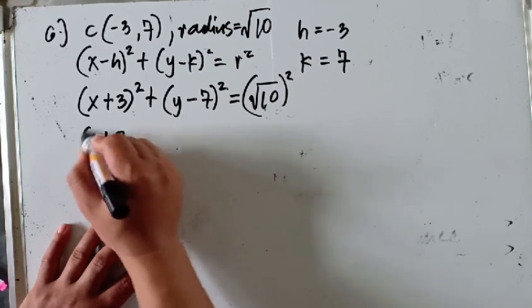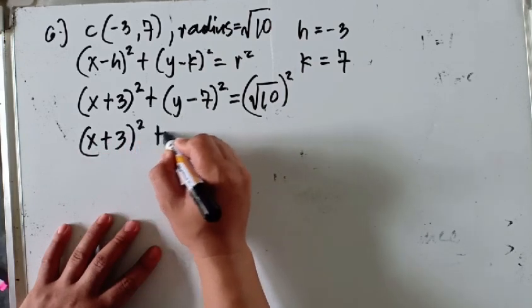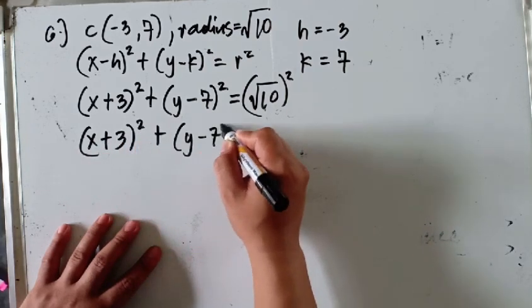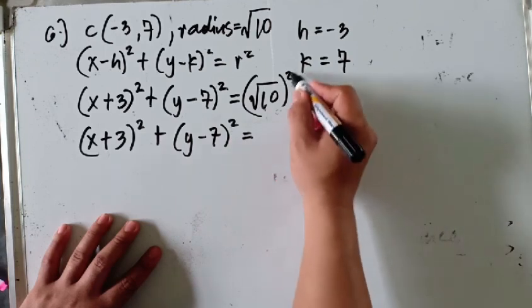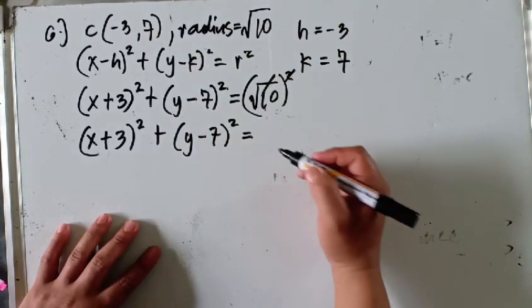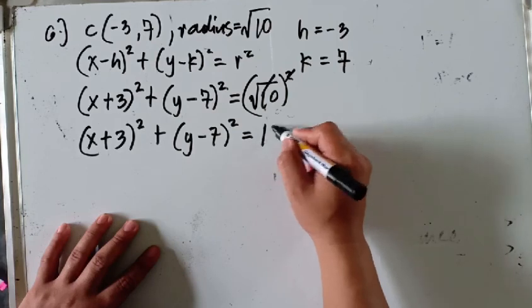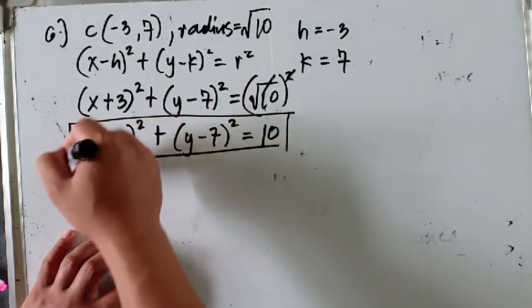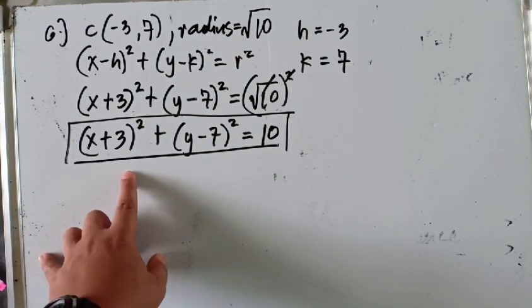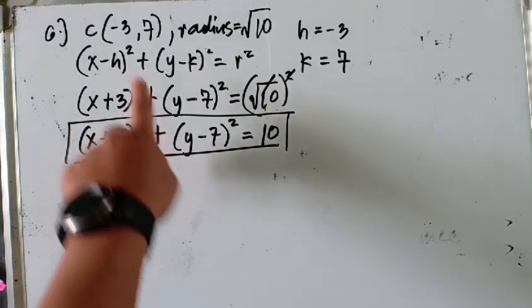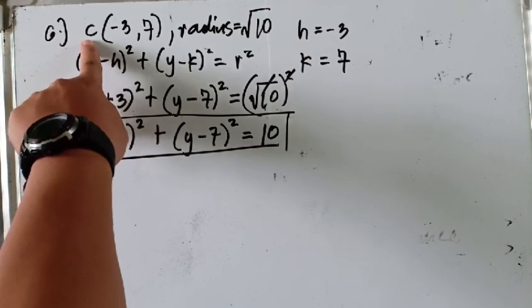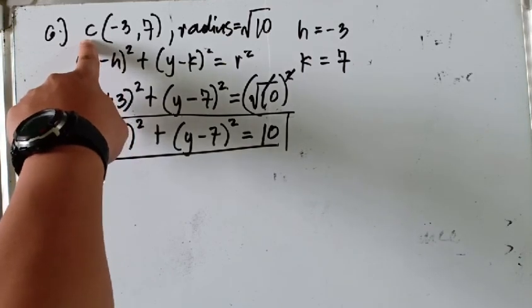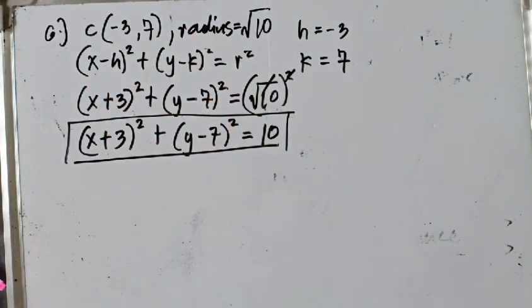Just rewrite or simplify your answer. X plus 3 squared plus y minus 7 squared is equal to, just cancel the exponent and the radical sign, and this is 10. Again, this is now the standard form of the circle given the condition: center is at negative 3, 7 and radius of square root of 10.